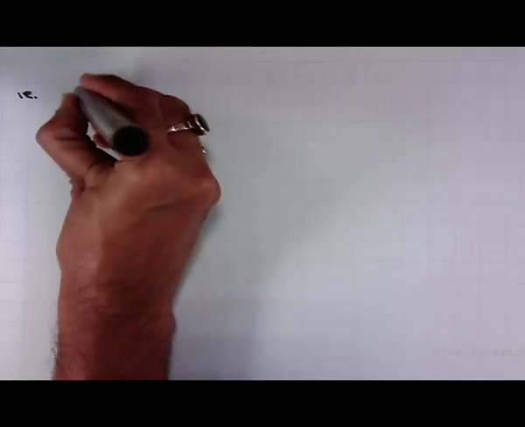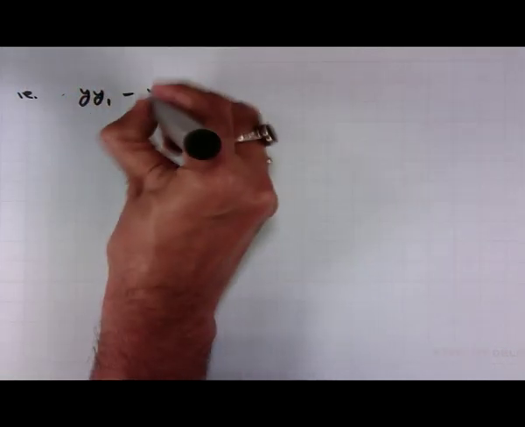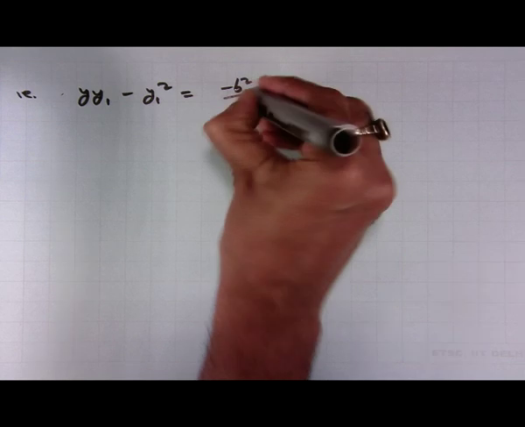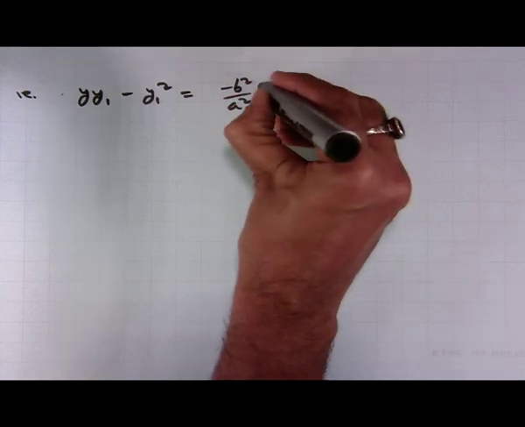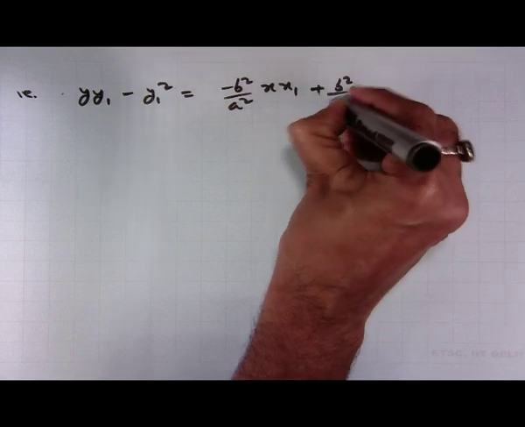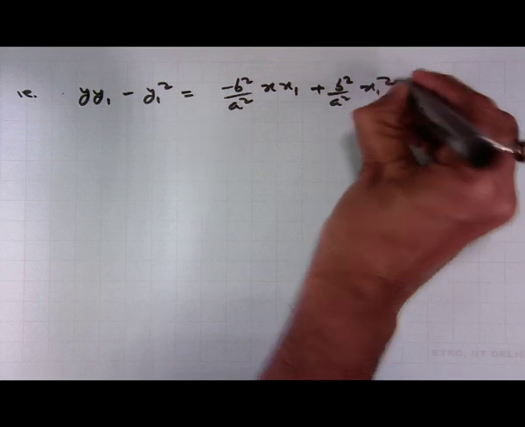This gives y1 minus y1 square equal to minus b square by a square x1 plus b square by a square x1 square.